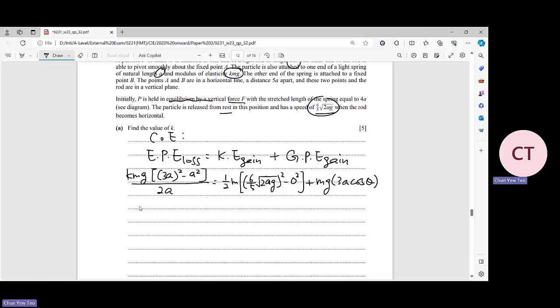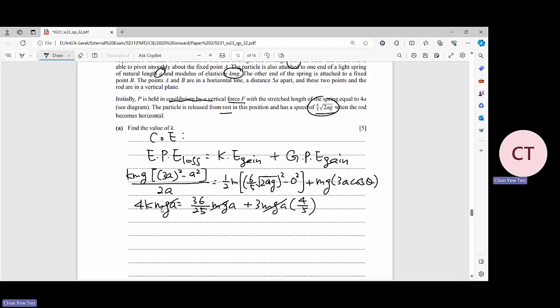This one, expand and simplify. You have 4kmga. This one will be 36/25 mga, then plus 3 mga cos theta, and cos theta just now was 4/5.